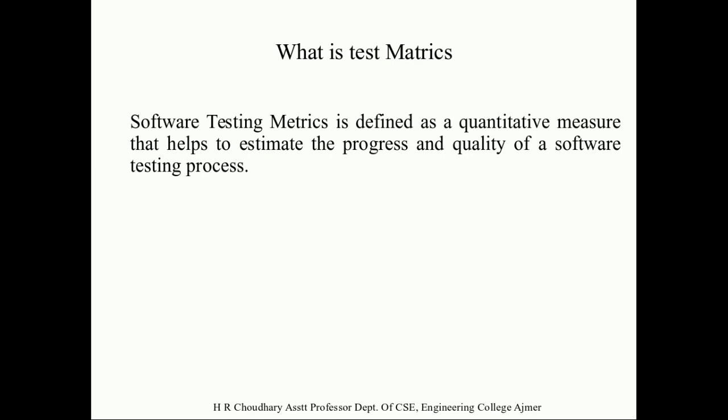Metrics is a measurement-based technique which is applied to the process, product, and services to supply engineering and management information, and working on the information supplied to improve the process, product, and services. Software testing metrics are experimental measures that can be used to measure different characteristics of a software system or the software development process.